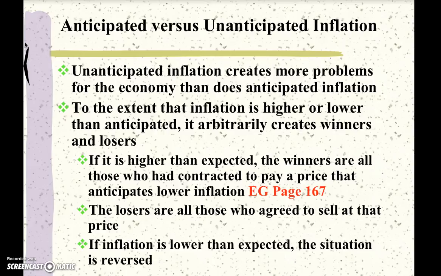So what he's saying to you is that if inflation is higher than expected, the winners are all those who had contracted to pay at a price that anticipated a lower inflation.